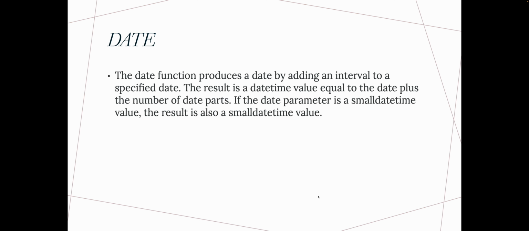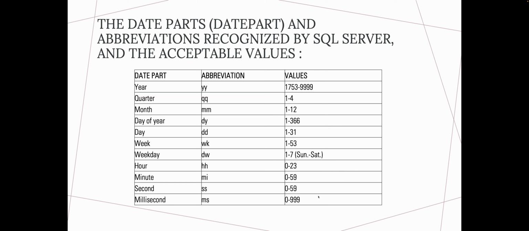Date. So the date function produces a date by adding an interval to a specified date. The result is a datetime value equal to the date plus the number of date parts. If the date parameter is a smalldatetime value, the result is also a smalldatetime value. Here's our chart that shows the date parts and abbreviations recognized by the SQL server, and some of the acceptable values for those abbreviations and date parts.